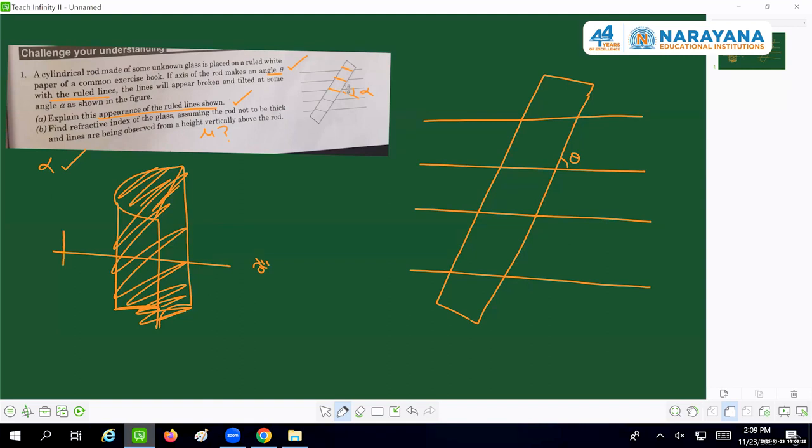One is this vertical orientation for this vertical cylinder, and the second is the orientation which is along like this, right? That can be perceived as a transverse orientation.